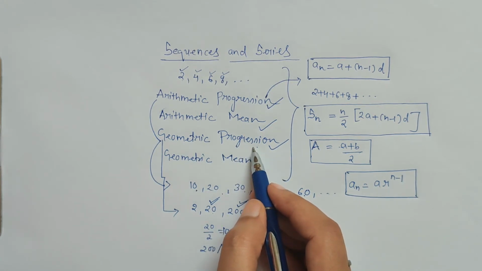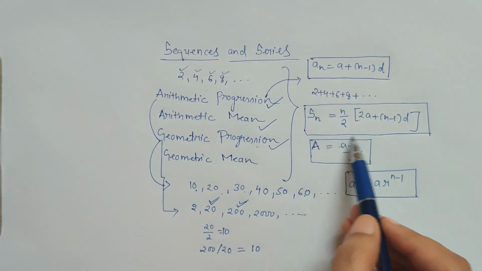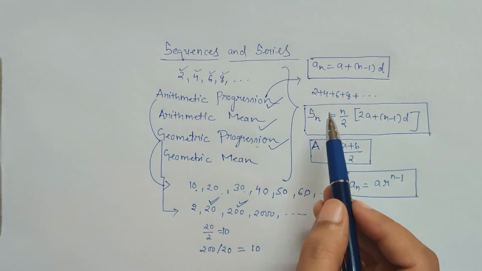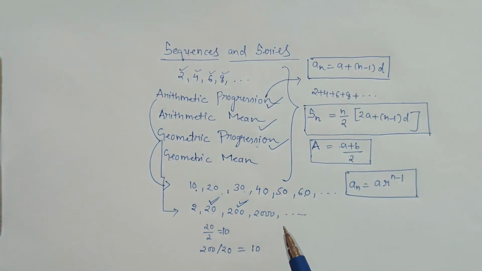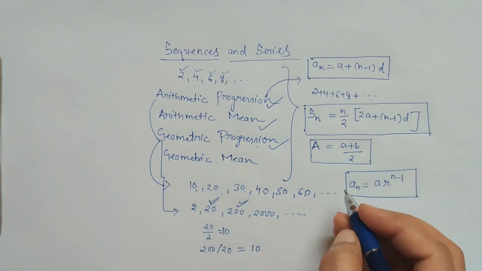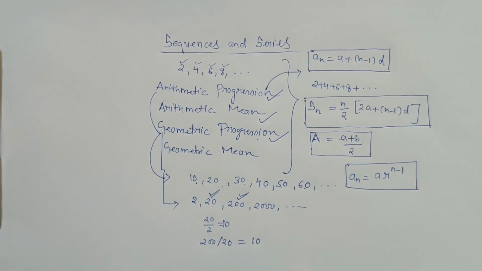Again, the way we had a formula for finding the sum of the terms in any progression, we have one in geometric progression as well, for finding the sum up to the fourth, fifth or sixth term.